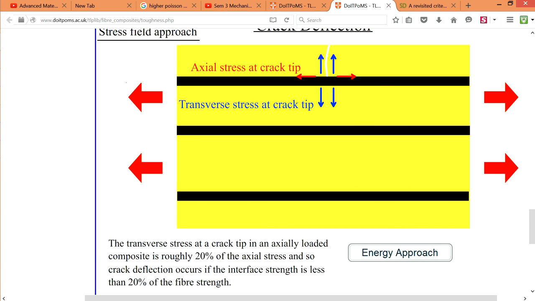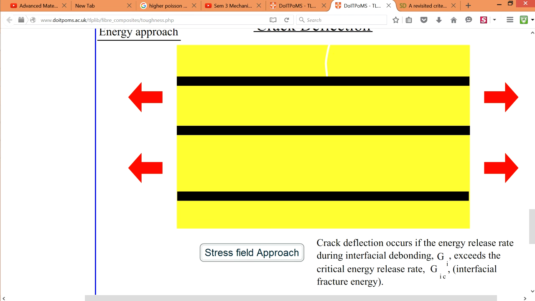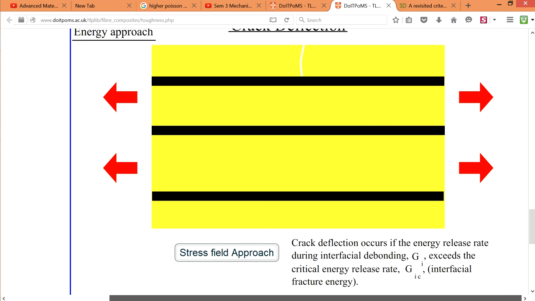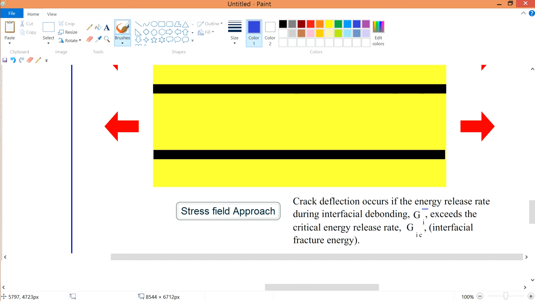Why we're talking about this is because it's the behavior of the crack, how the crack will propagate in the composite, and what will initiate the crack is the bonding between the fiber and matrix, the stresses and everything. The energy approach talks more about the energy release rate, the bonding issue, the more particle type of thing.